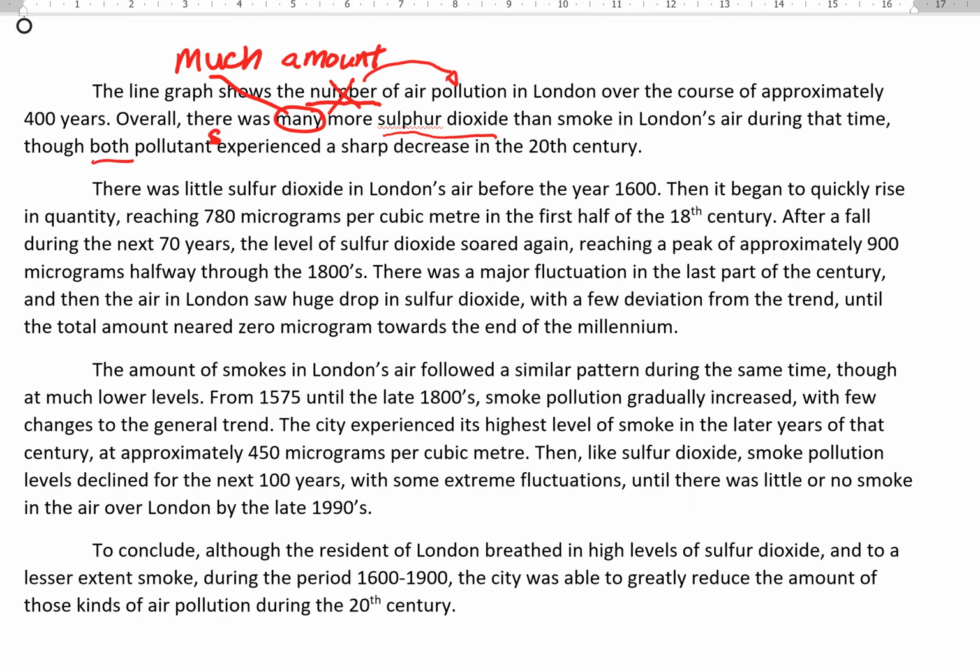We need the plural. Be careful with plural nouns, right? Students tend to make this mistake of forgetting to put a noun into plural when you need to. So both pollutants experienced a sharp decrease. Good. In the 20th century.